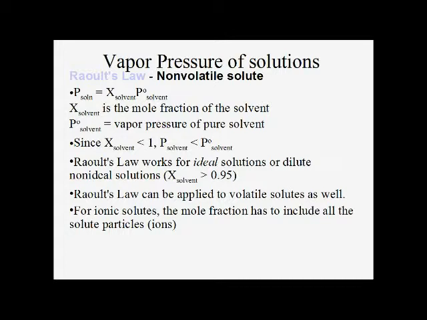For non-ideal combinations of solvent and solute, Raoult's law works, or is a good approximation, for dilute solutions. That is when the mole fraction of the solvent is greater than 95%, or greater than 0.95 mole fraction.